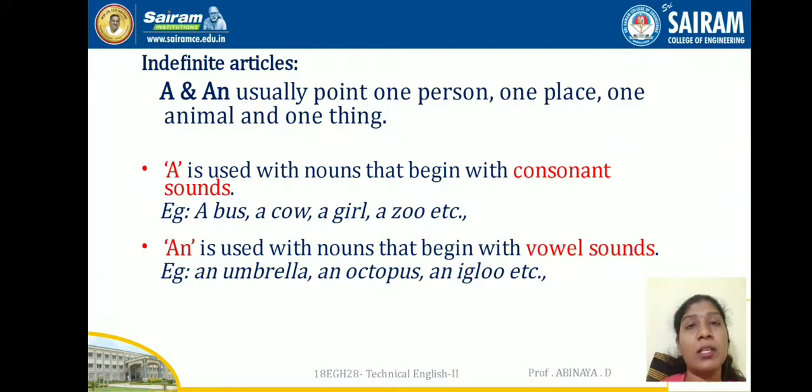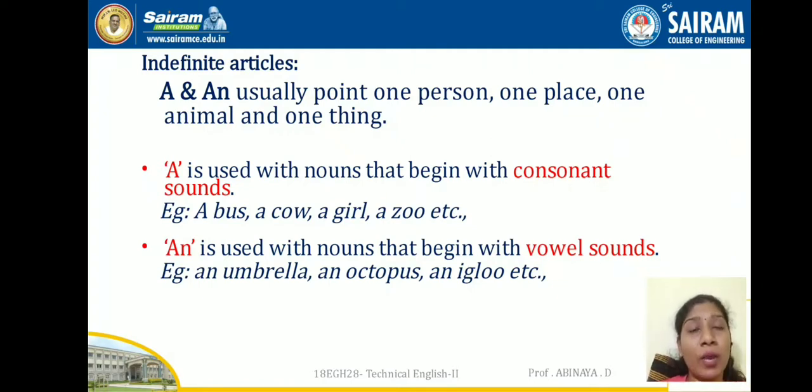Why are we using a with pen? First of all, pen is singular, and you are mentioning some pen without particularizing. You ask for one pen without mentioning which pen you want. There may be more than one pen, but you want only one among them, without particularizing.